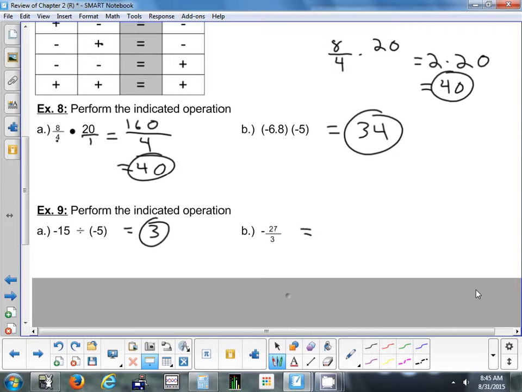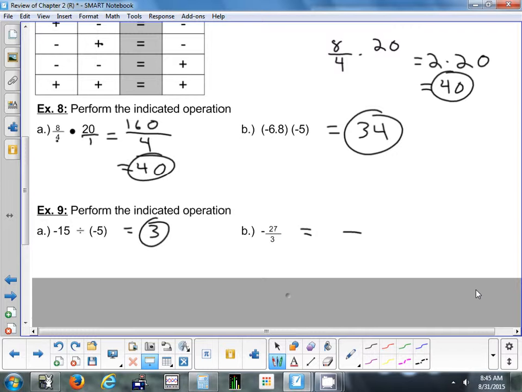How about this one? Negative, looks like the negative's in the top. Negative 27 divided by 3. How about Callan? Can you just tell me what kind of answer? Positive or negative? Negative. Good. And now 27 divided by 3. How about Jamin?